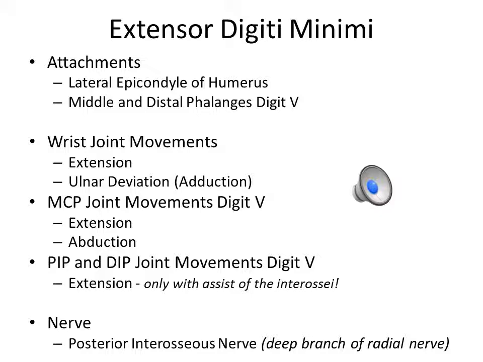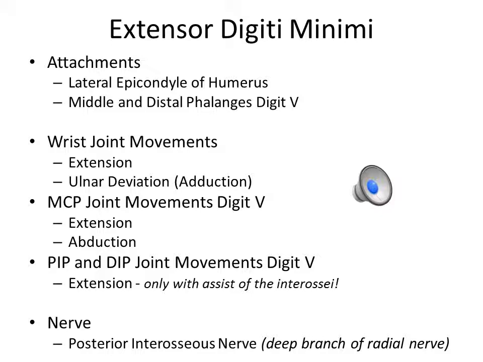Extensor digiti minimi performs wrist extension and ulnar deviation, metacarpal phalangeal joint extension and abduction of digit 5, as well as some extension of the PIP and DIP of digit 5.